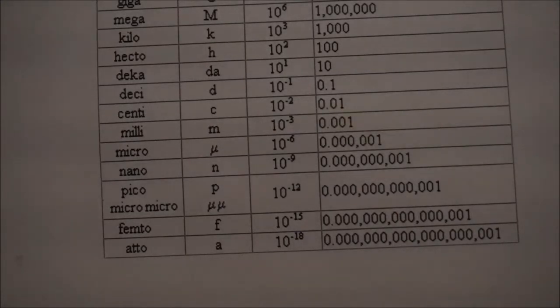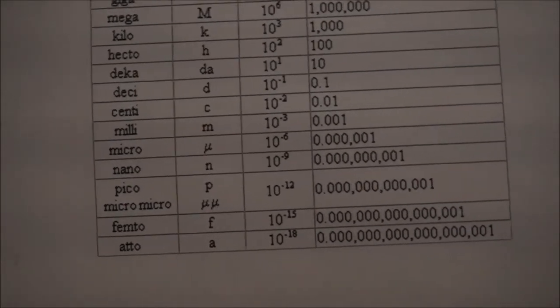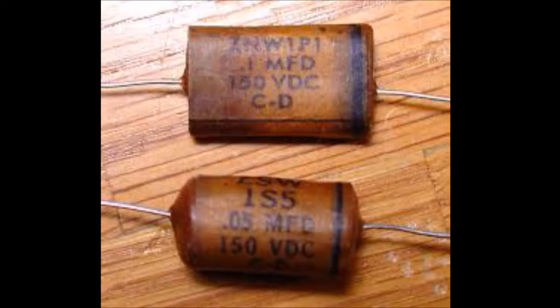All right, so let's look at some capacitors real quick, on the actual capacitors themselves, and see the markings on those. So here we're looking at some old paper and wax style capacitors. And if you'll notice on the value, they use the abbreviation capital MFD. At this time, this was their annotation for microfarads.